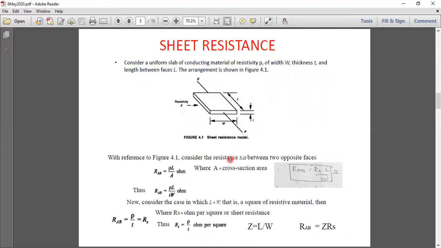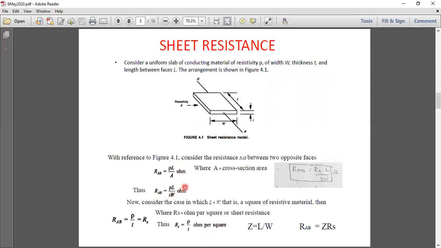So resistance across these two ends can be given by this expression rho L by A, where rho is resistivity, L refers to length, and A is the area of this conducting material. And the unit of resistance is ohm. So area is nothing but W into T, that is width into thickness.